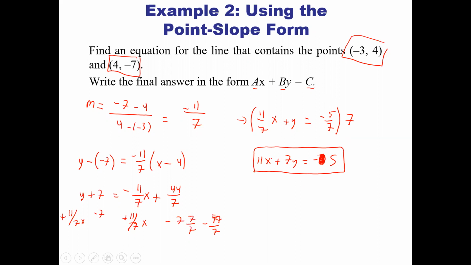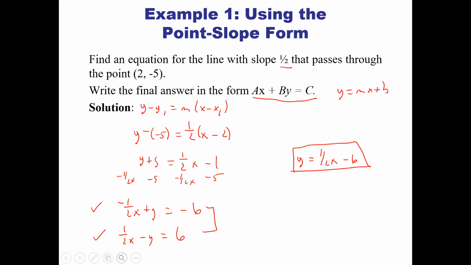And again, it all really depends. Most of the time they do want this without fractions, but sometimes you can have a fraction and it's okay. And in this form, you always have to have a fraction because you want it solved for y. For this one, if we multiplied this whole thing by 2, that would give us x minus 2y equals 12.